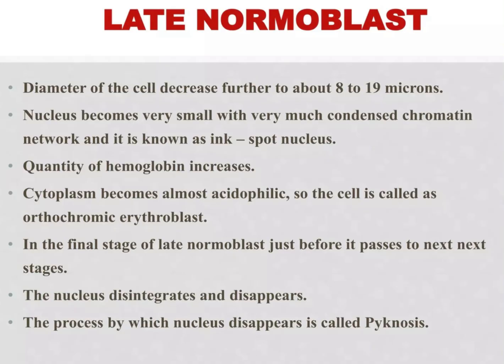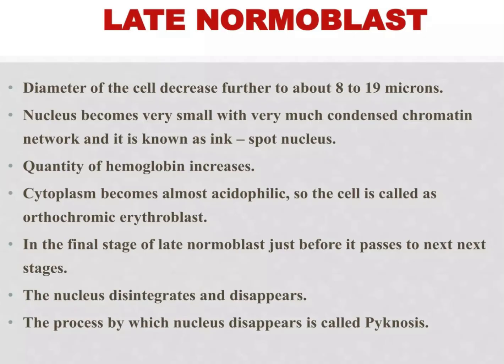Why? Because the organelles are disappearing already, so it's not present there. So hemoglobin has increased already. There's a high increase of hemoglobin at this point. What happens? It will now be stained with acid. If we continue to stain with acid with absence of organelles, it will be called what?